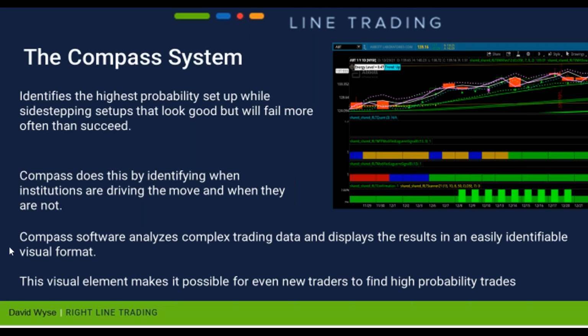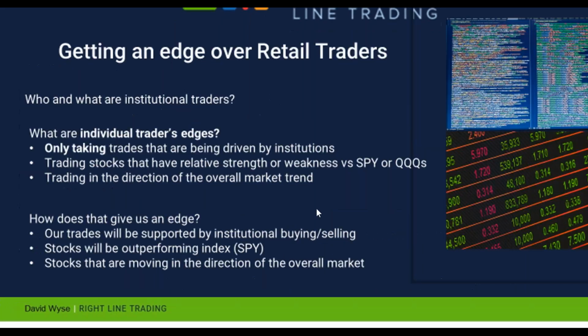This is really important because the format of the Compass system on Thinkorswim is basically its colors. The indicators are color coded, so it's easy to tell whether you've got a bullish trade, a bearish trade, or a neutral trade. Even a new trader can identify that. And again, this is what gives us an edge over other retail traders.